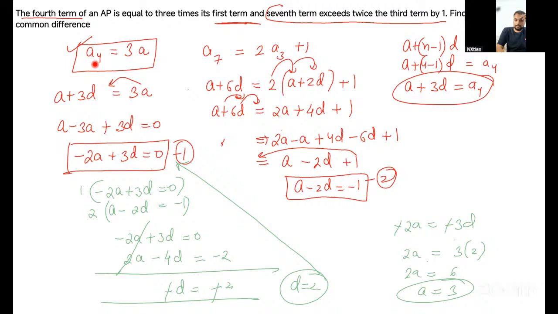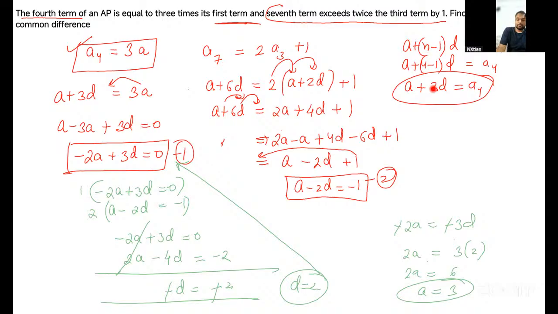Like A4 is there. So what is the value of n in this case? 4. Okay, so I wrote 4 here. So it becomes 4 minus 1, which is 3d. Understood? Now if A7 is there, what is the value of n then? 7. So I will write 7 here. So it becomes 7 minus 1, which becomes 6d.